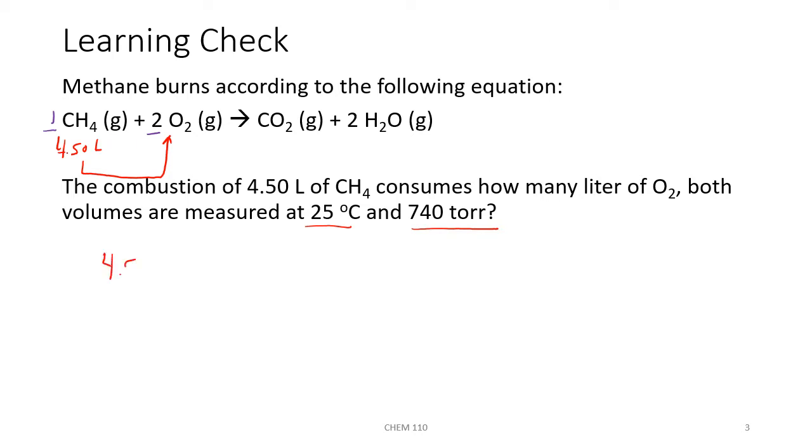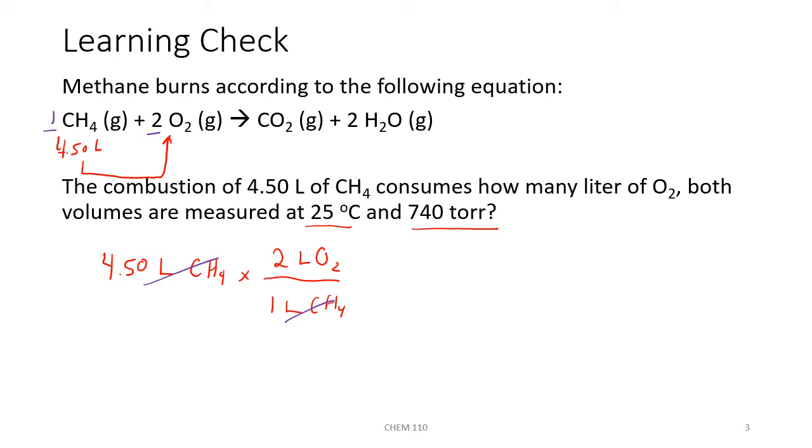If we start with 4.5 liters of CH4, we know that 1 liter of methane needs to react with 2 liters of oxygen. Those coefficients don't just tell us mole ratios, but in a gas they also tell us the volume ratios. Our liters of methane would cancel, and we'd be left with liters of oxygen.